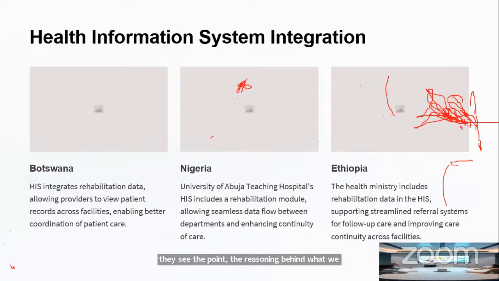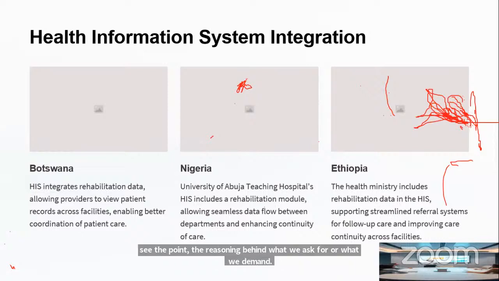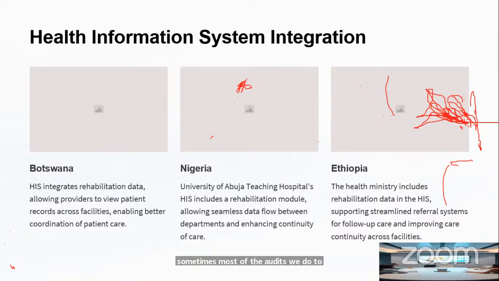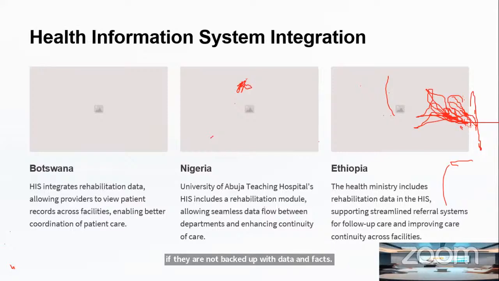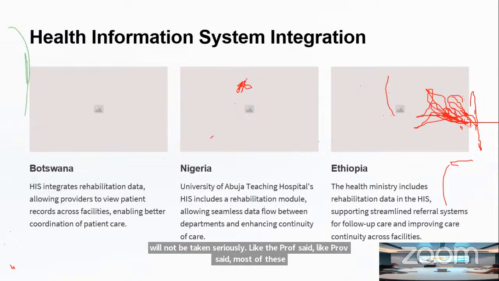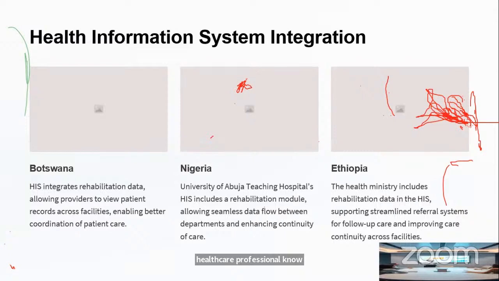Sometimes, most of the audits we do to improve the services we render, if they are not backed up with data and facts, will not be taken seriously. Like the prof said, most of these healthcare professionals know these things, and some don't know. But even when they know, they just pretend as if they don't know.